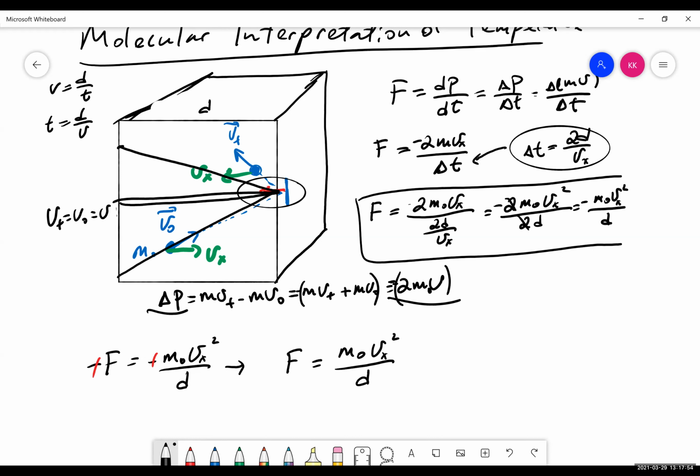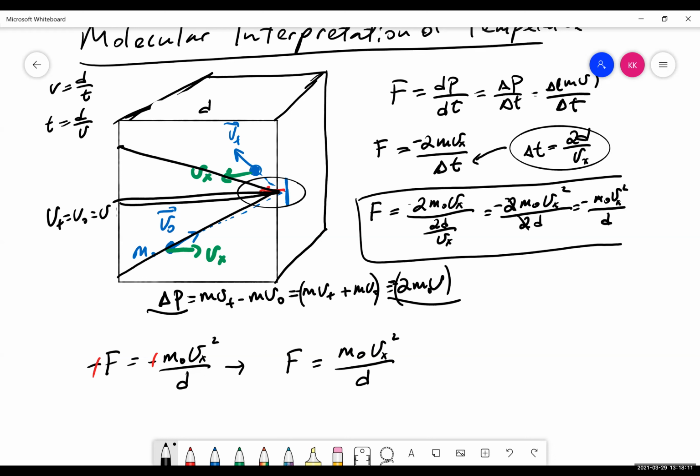Well, we can take this and generalize it, right? So we have, let's say, n number of particles. What we can do here is look at the average force, in terms of all the collisions with the wall.